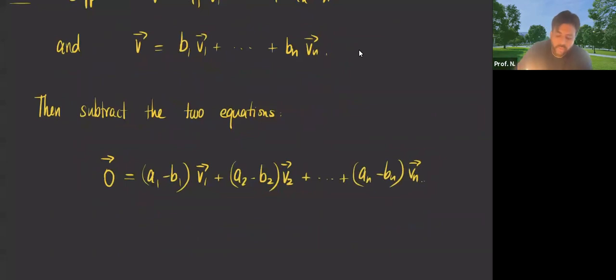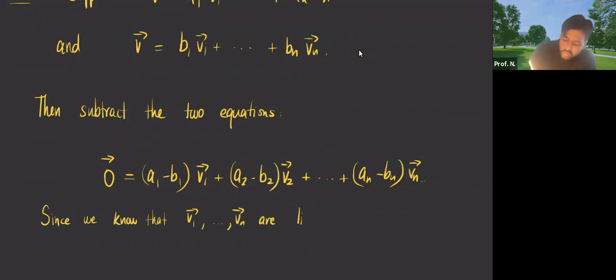But what do I know about V1, V2, and Vn? They are a basis, right? And since they are a basis, what's a characteristic of being a basis? The vectors are linearly independent. So we know that V1 all the way to Vn are linearly independent.